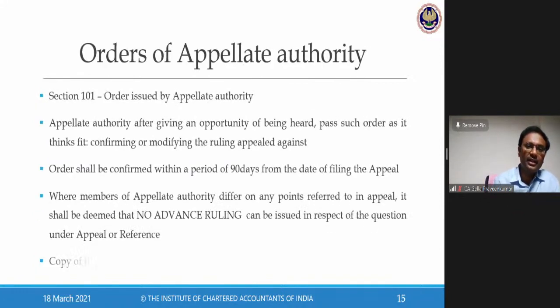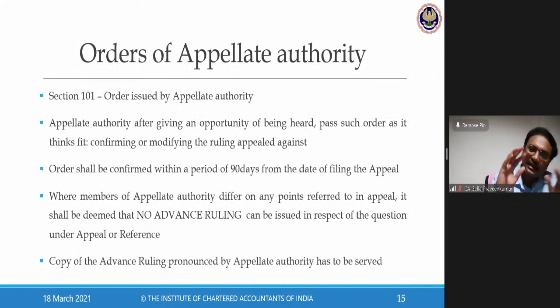Next. Now, the appellate authority will hear the matter. They will hear the contention of the jurisdictional officer. They will also hear the matter of the applicant, like parents. Generally, when there is a fight between two kids, the parents will hear this kid, then that kid, and then take a decision.